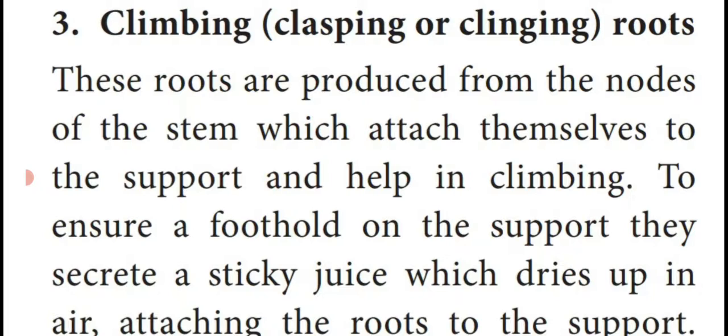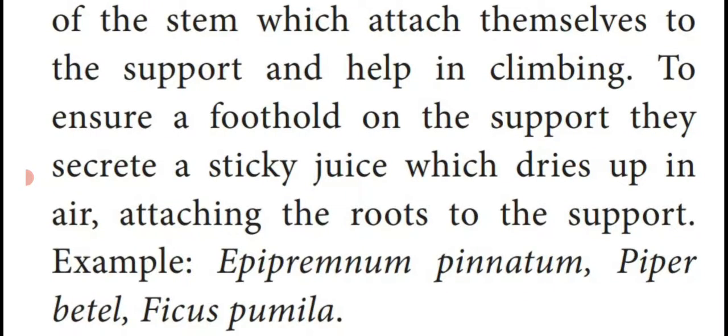So these are all the weak stemmed plants which produce adventitious roots to climb for mechanical support. So how are they climbing? The roots which are produced in the nodal region produce sticky substances which look like juice, dry up in the air and attach the roots for the support.